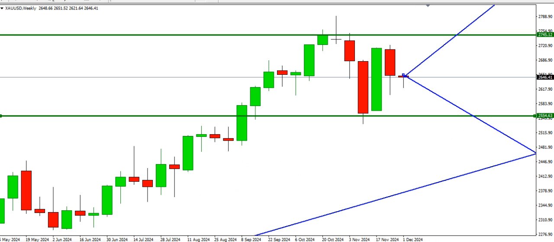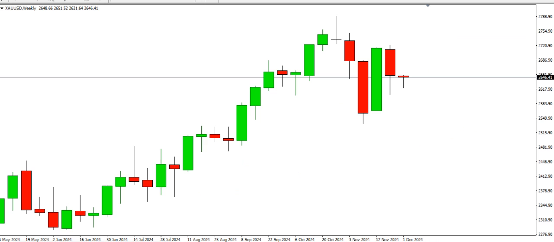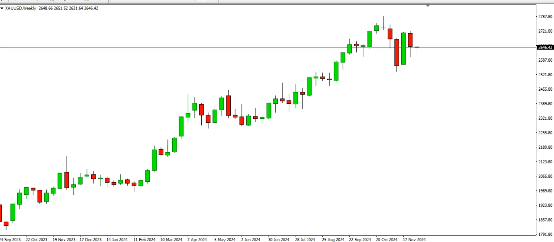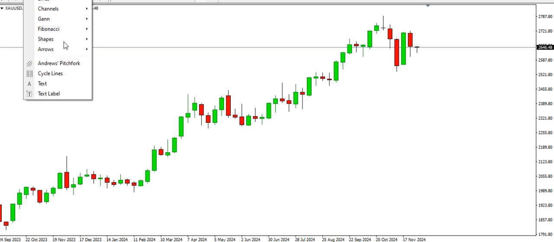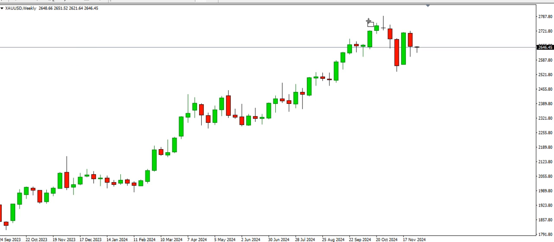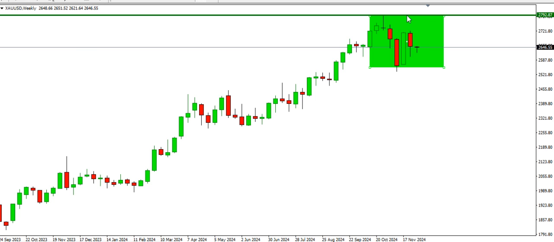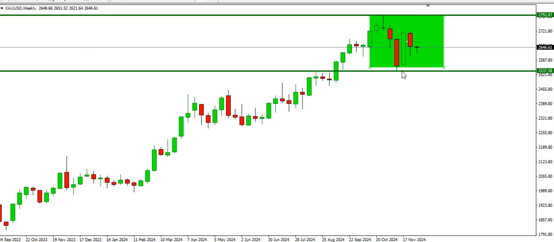On the weekly time frame, what do we have? Just like the monthly time frame, the weekly time frame has been trending up, but what we are looking at currently is a range. Price is ranging. The range high is at the all-time high, which is 2792, and the range low is around 2537.